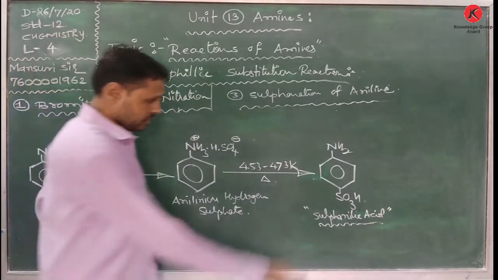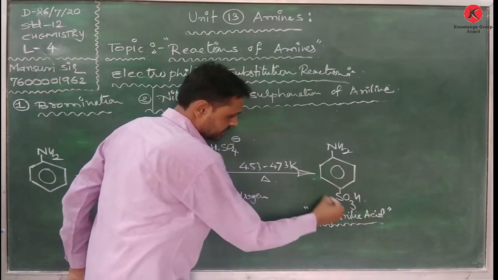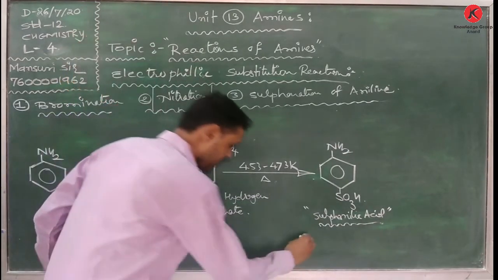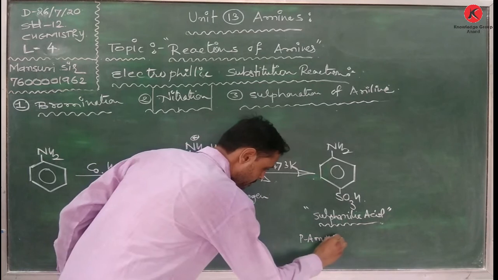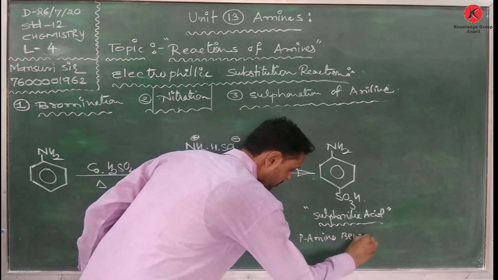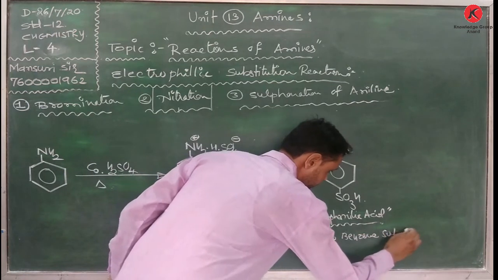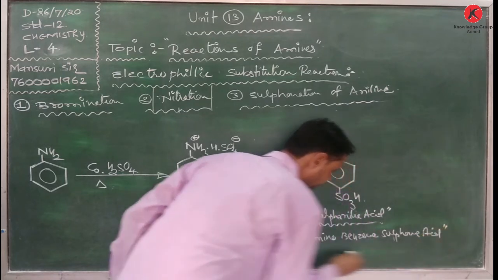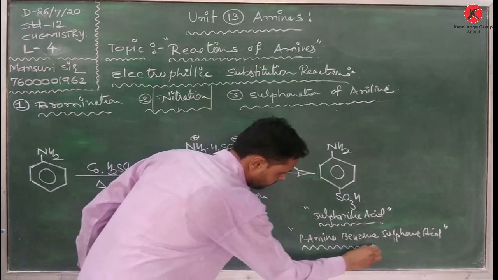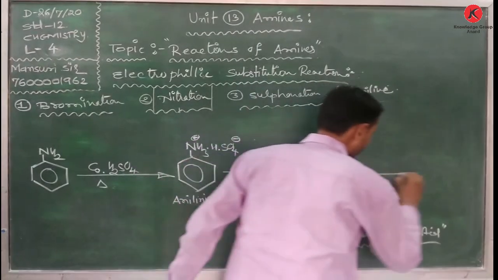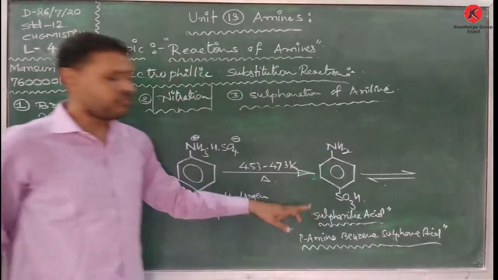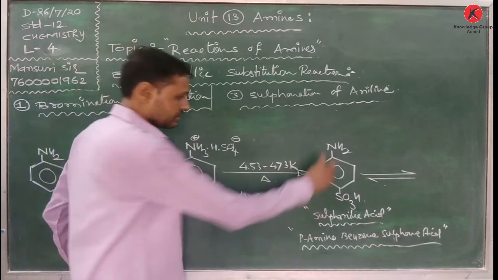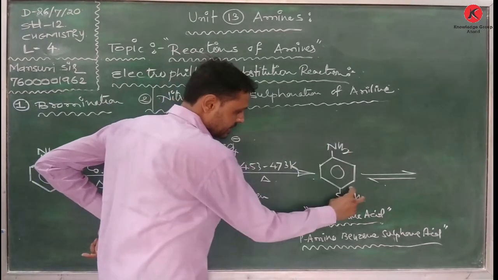But this is benzene sulfonic acid and this is amino group, so para-amino benzene sulfonic acid is obtained, and after this, sulfanilic acid will be converted into Zwitter ion, because this is amino, this is sulfonic.